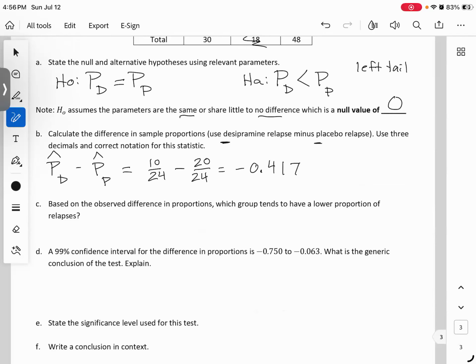Which right now is suggesting that the new drug, desipramine, was better. And again, that's because when we did drug D minus placebo, we got a negative number, which suggests that whoever was the first group was lower by about 41, 42%.